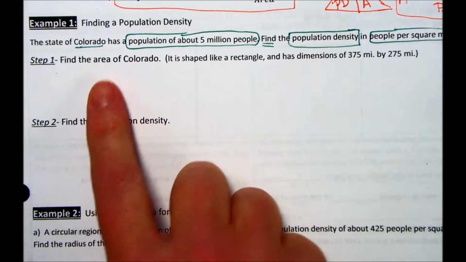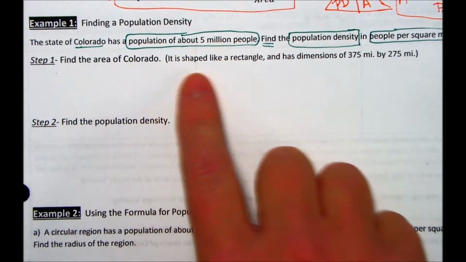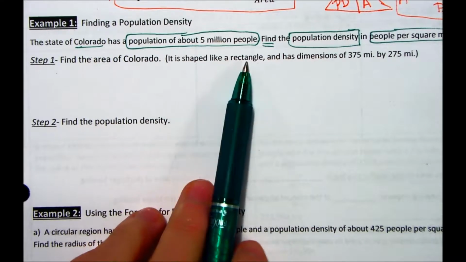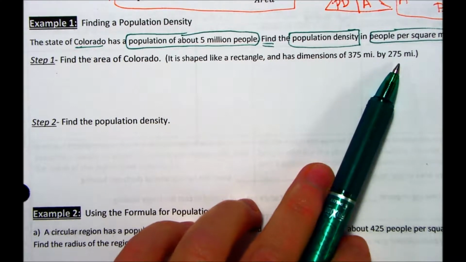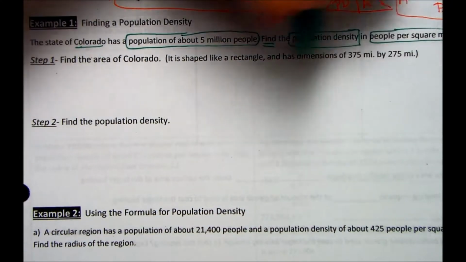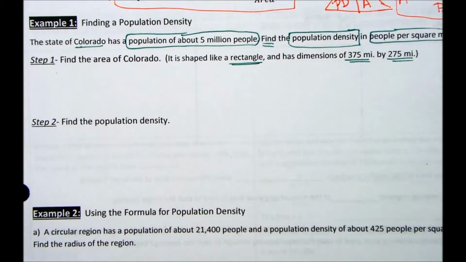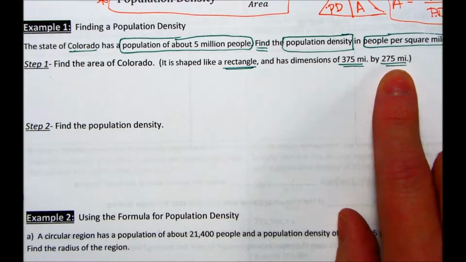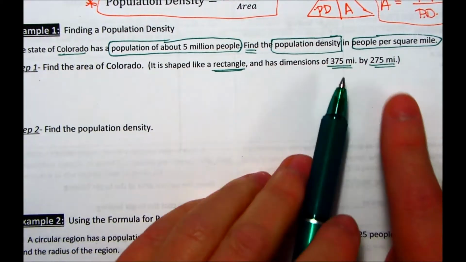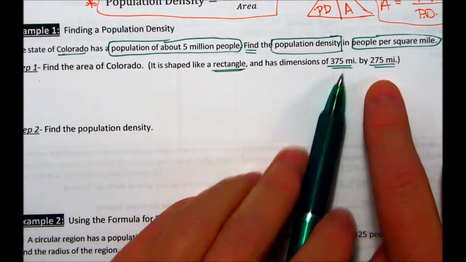And they also tell us a bit about Colorado. They tell us the shape that Colorado is shaped like a rectangle and has dimensions of 375 miles by 275 miles, which when you multiply miles times miles, you're going to get square miles.